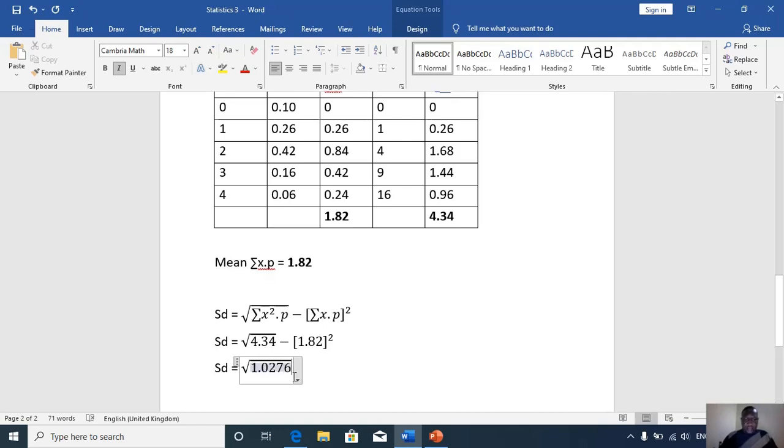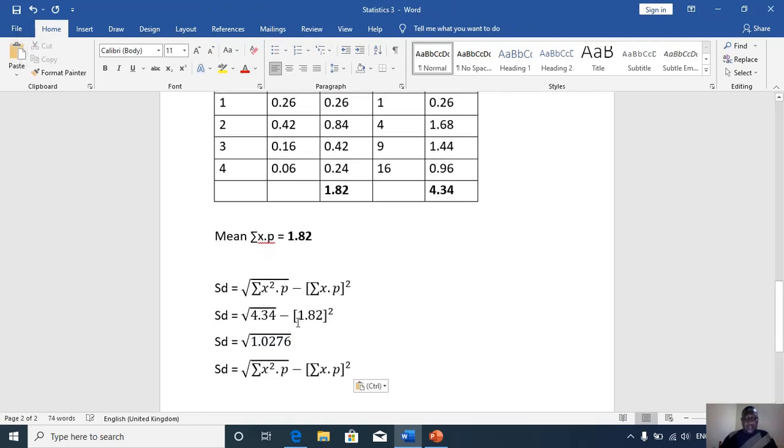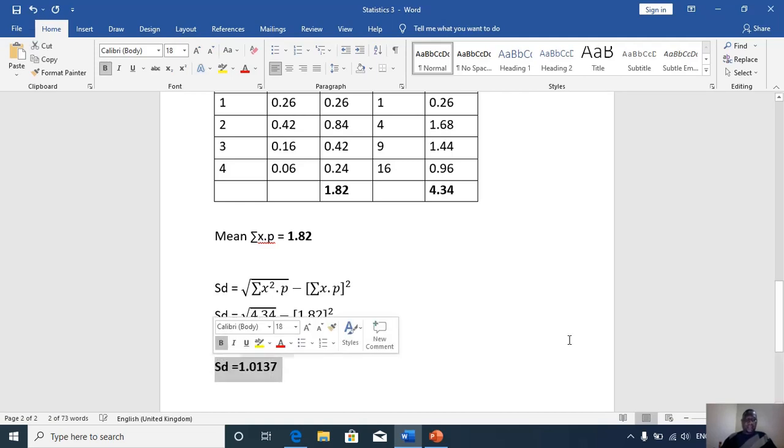And when you get the square root of that, your SD standard deviation final answer is going to be 1.0137. That's going to be your final answer. Alright, so that's how you calculate the standard deviation when you are given a probability distribution.